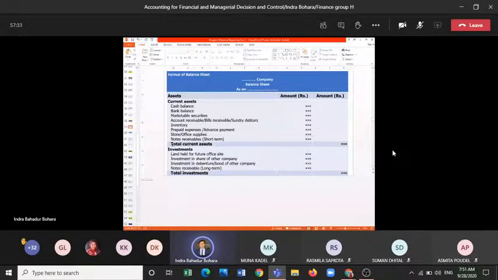Similarly, when you start from the long-term assets, starting from PPE, fixed assets, property, plant, and equipment, going from long term to short term, when you present assets and liabilities in the balance sheet in vertical format, that is called permanency base.